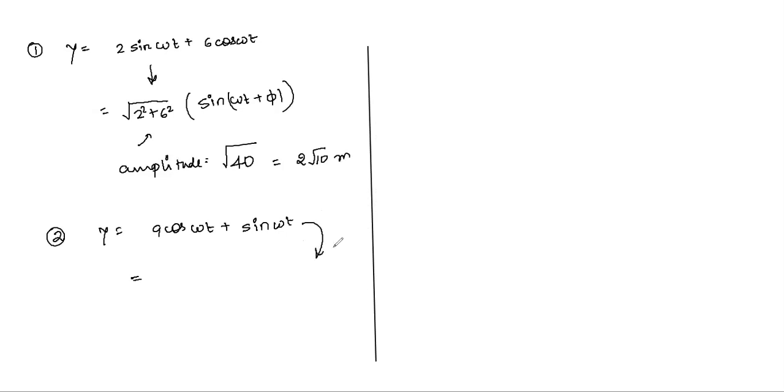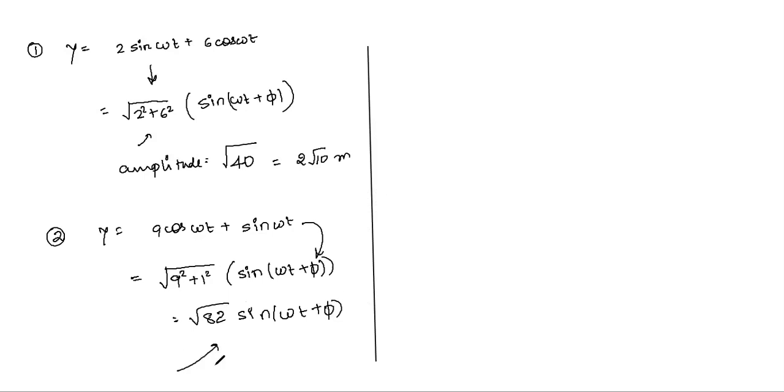So amplitude is equal to root of 9 square plus 1 square, which is equal to root of 81 plus 1, which is root 82. Very good. Are you clear with the concept, Samriddhi? Whenever you have a question of this sort, will you be able to crack it from now? Yes, sir.